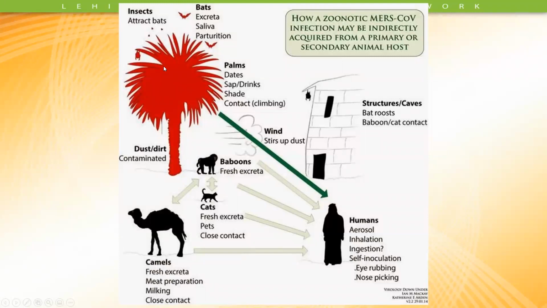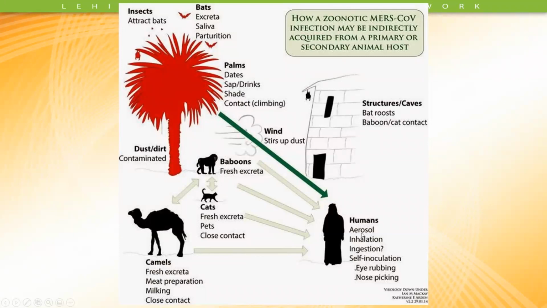How do you get it from animals to human beings? Again, we talked about this in an earlier slide. So you have these bats that come into these palm trees, okay? And then there are baboons that climb the trees, and there's all kinds of wind and stirring up. And then you have these bats roosting where people live. And it's not uncommon, in the sense that the bat infects a baboon, a camel, or a cat that comes in contact with humans.